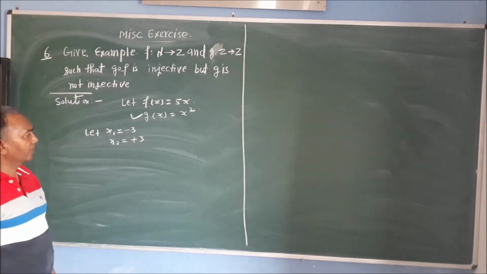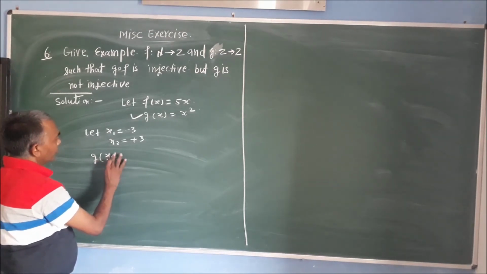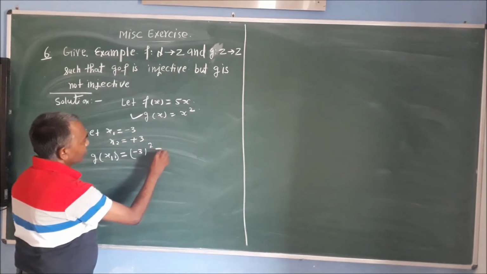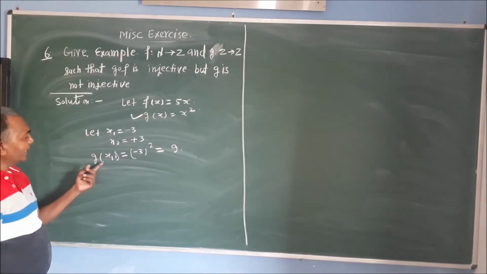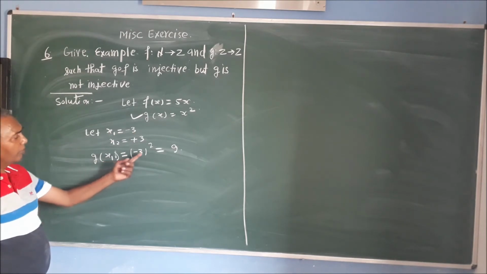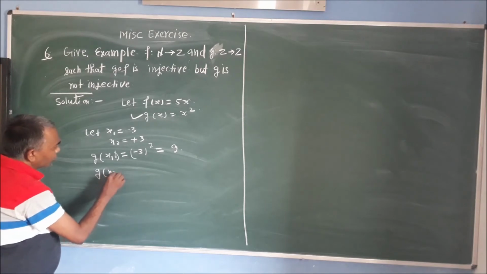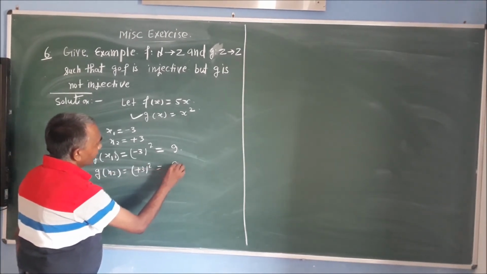Then g of x1 is equal to minus 3 whole square, which is equal to 9. And g of x2 is equal to plus 3 whole square, which is equal to 9.